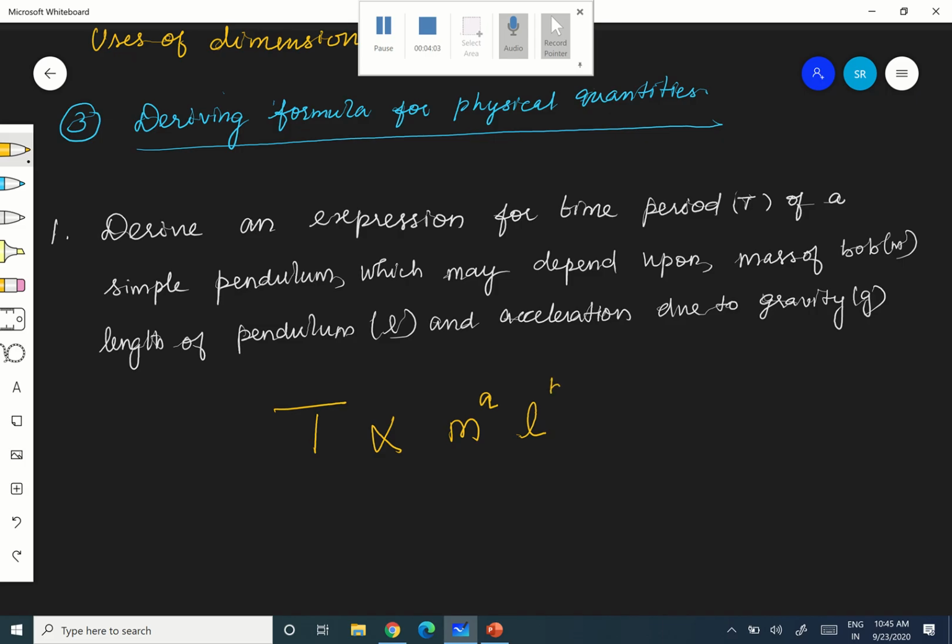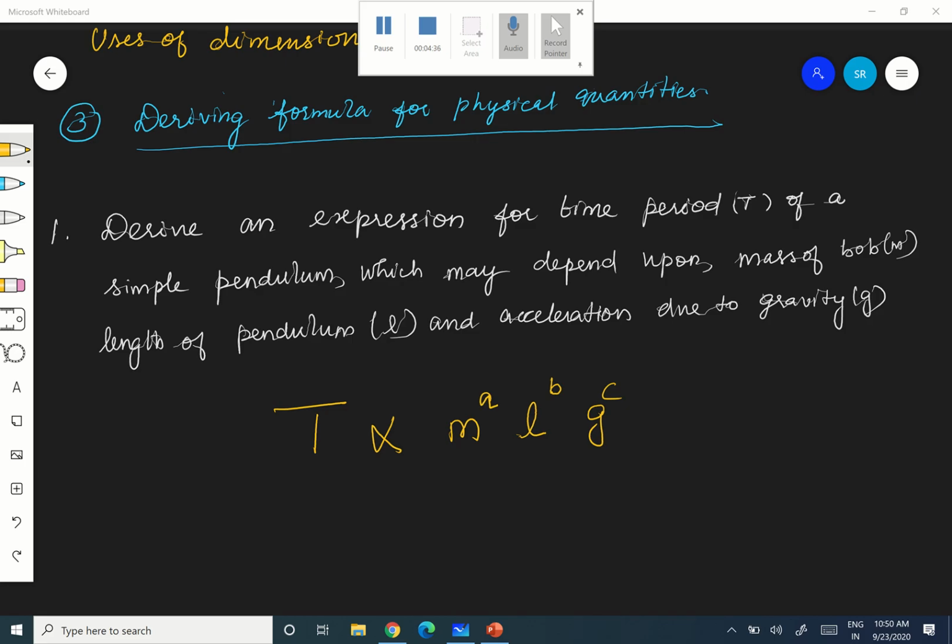So let me consider this one as B. L power B, and then acceleration due to gravity, which is G. G power C. Therefore, T is proportional to M power A, L power B, G power C.